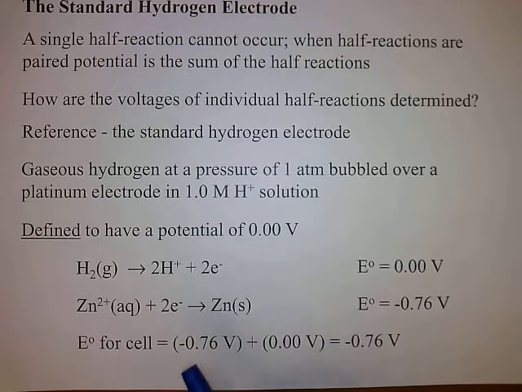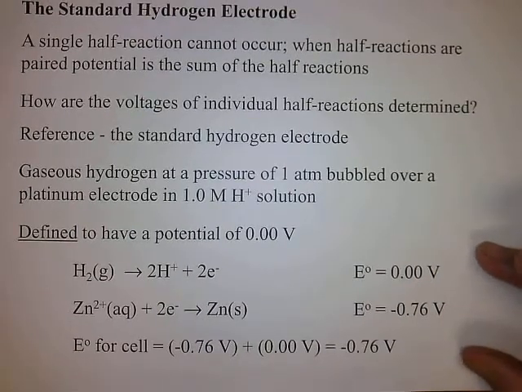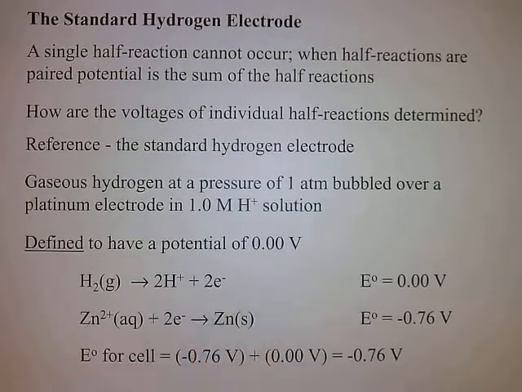So the sum of the potentials is negative 0.76 plus 0, which is negative 0.76. In other words, because this one is 0, the potential for the overall reaction is the potential for the reduction of the zinc. And that's the standard hydrogen electrode. And we'll stop for this video.